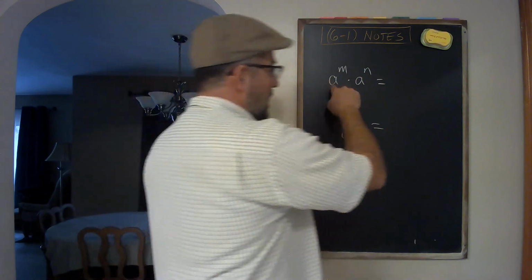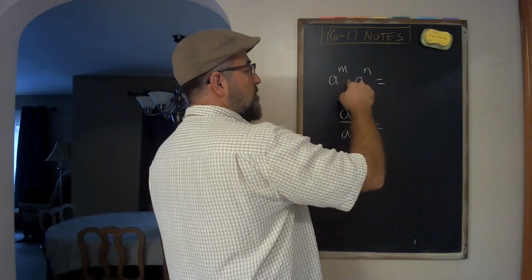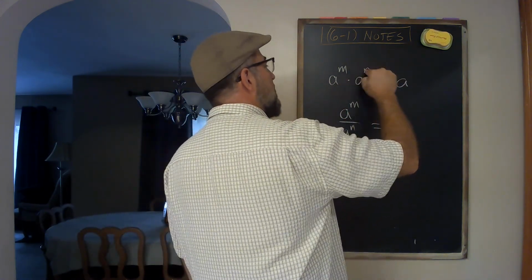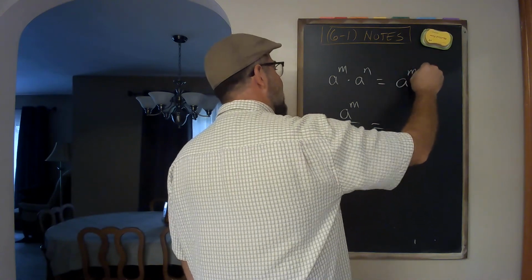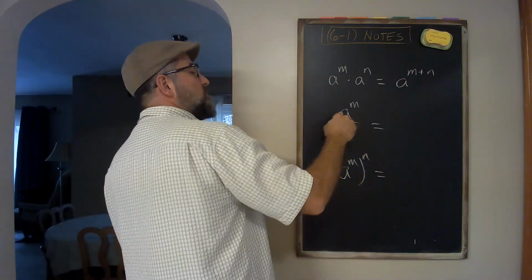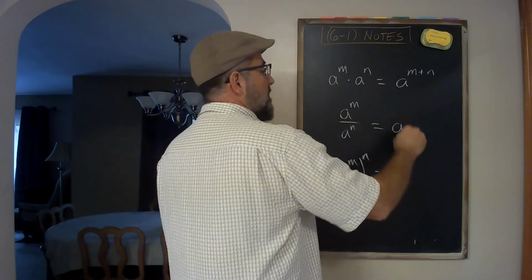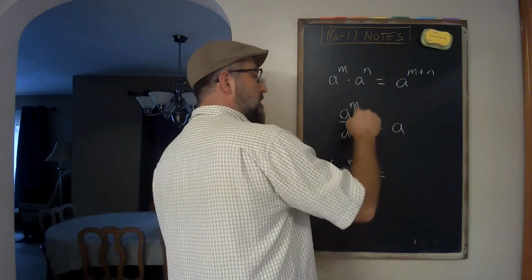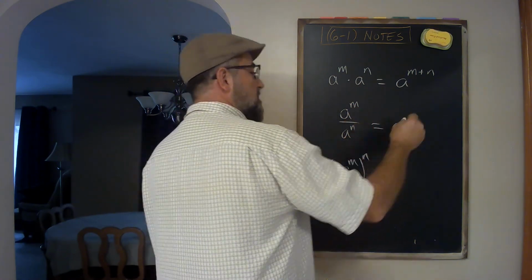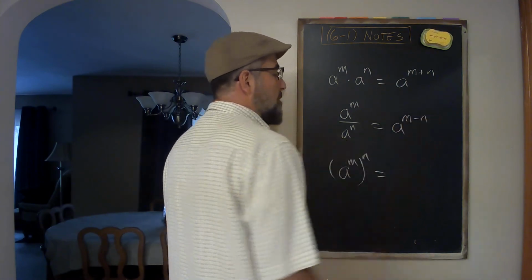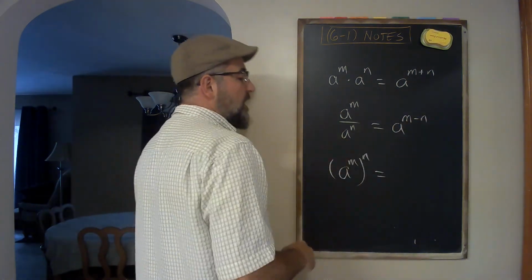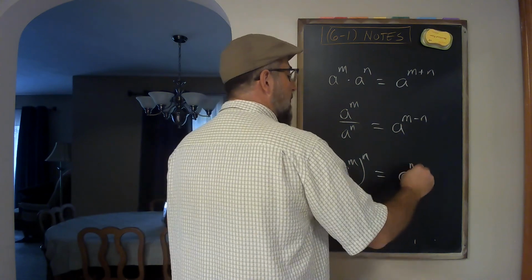If you have a set of powers being multiplied, the base stays, the exponents get added. If you have 2 being divided, the base stays, and you have the numerator's exponent minus the denominator's exponent, a to the m minus n. And if you have a to the m to the n, that's a to the m times n.